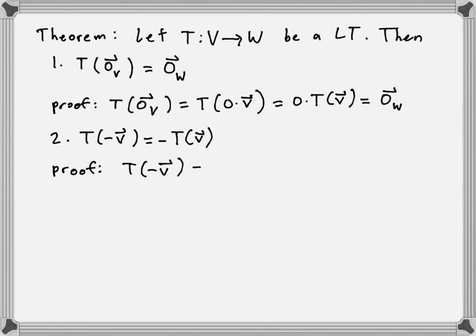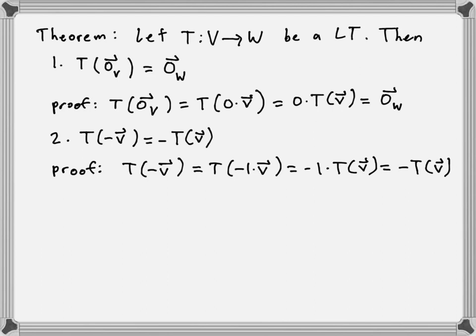We know that negative v is the same as negative 1 times v. But by linearity, this is the same as negative 1 times T of v, which is the same as negative T of v. Those two properties are extremely easy to prove, and there you go. We've got some nice consequences, things that are true about linear transformations.